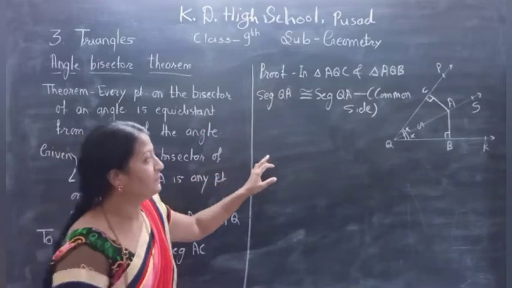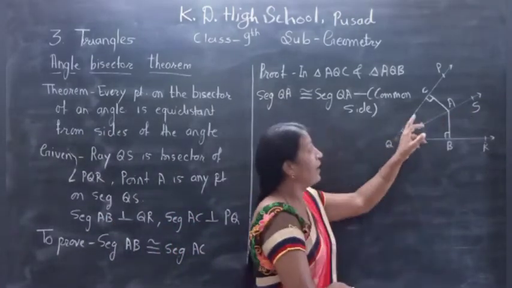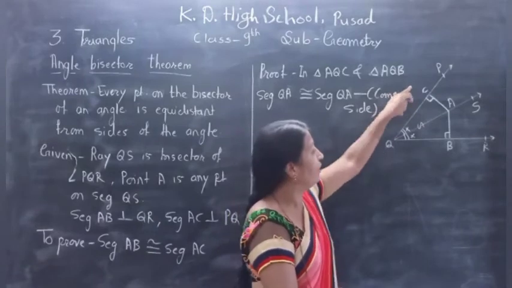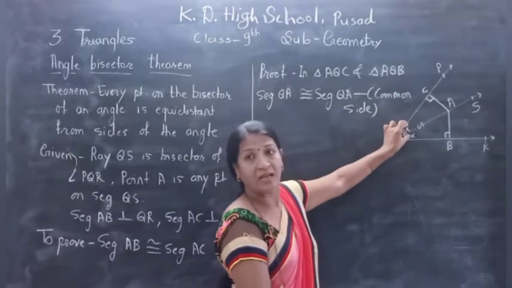Now next, here we know that ray QS is the angle bisector of angle PQR, and these two angles are congruent.